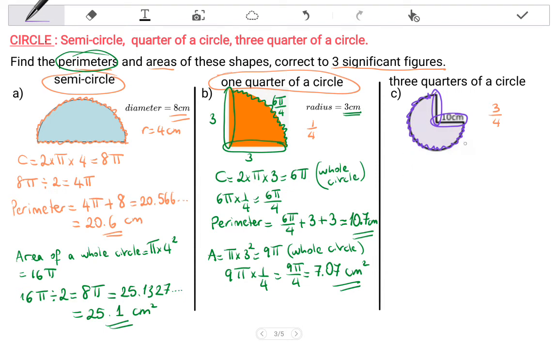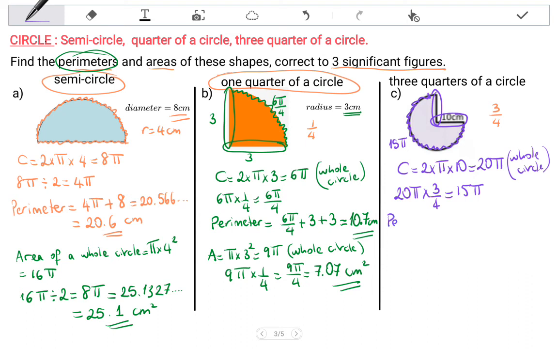So if it was a whole circle, the circumference was going to be 2 times pi times r, which is 20 pi. But it's not a whole circle, so I'm going to take 3/4 of it. When we take 3/4 of it, we'll get 15 pi. Leave it like that. So 15 pi is the length of this piece.